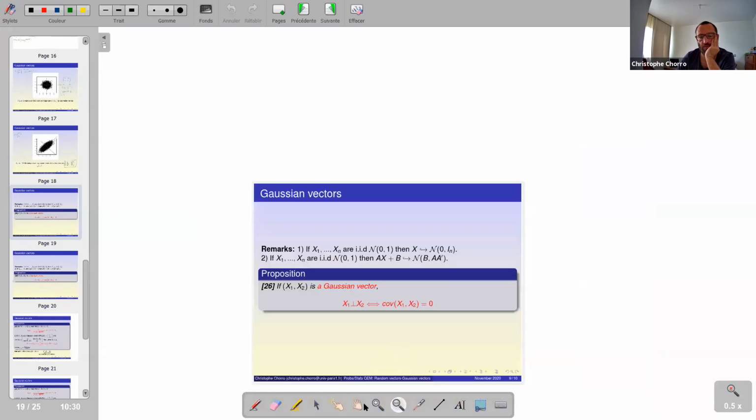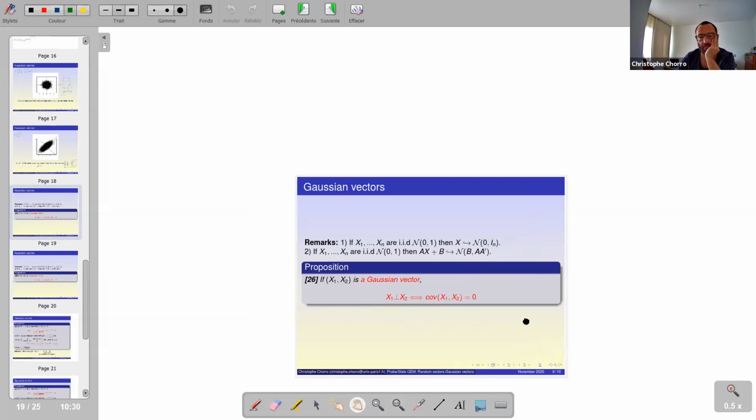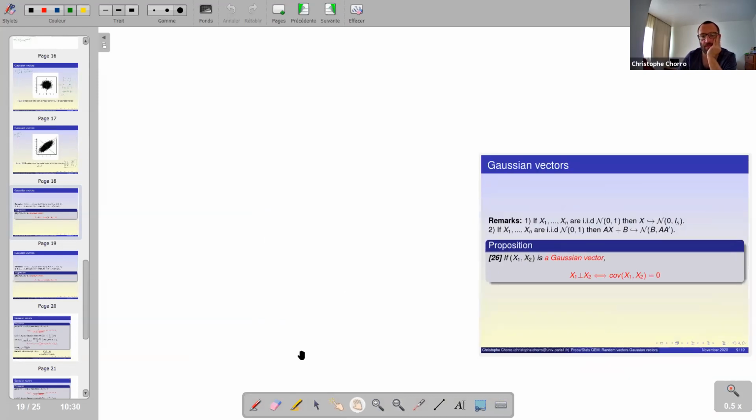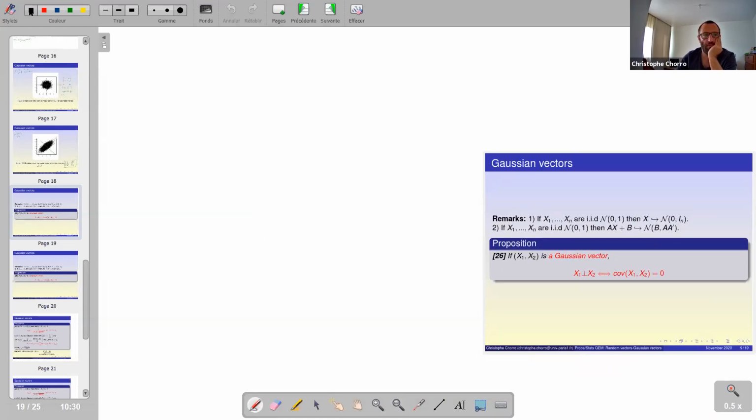So first, two remarks. If I start from independent N(0, 1) variables, of course, as I have previously said, in the case of independence, I am sure that this vector is Gaussian.